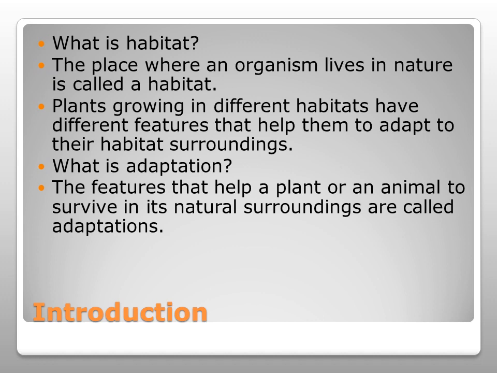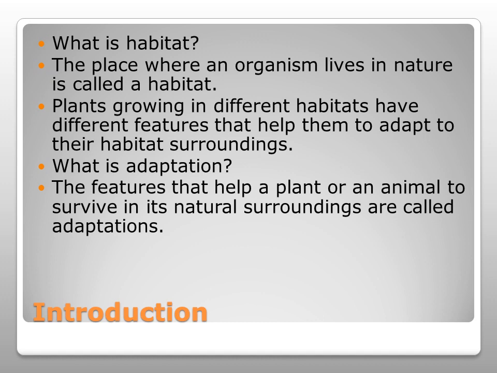Like that, plants also have their habitat, right? Plants growing in different habitats have different features. How are they adapting to those features? Adaptation means the features that help a plant or an animal to survive in its natural surroundings. It is called an adaptation.